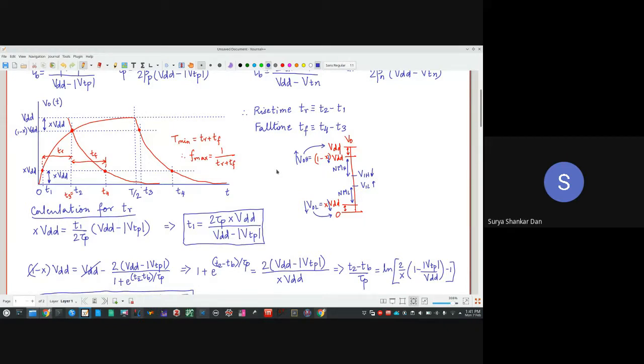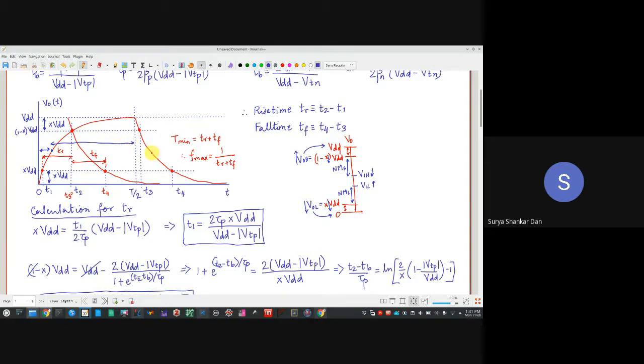During the entire transition, if you notice, let's say the fall time itself, during the saturation region, the current is the highest. That is the reason why it is flowing very sharply. So that means the time duration spent in the saturation region is very less compared to the linear region. As you can see over here, so your TB will be somewhere in the middle. So this much duration in the saturation and this much in linear.